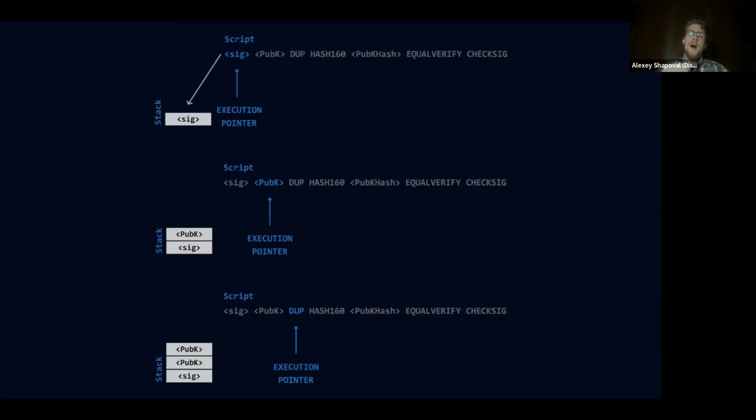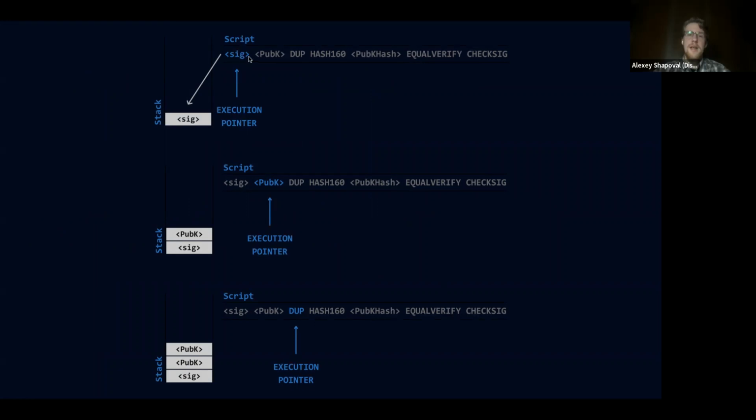Now let's walk through this whole process and see how it works in the real example. So we move step by step from left to right. First, the execution pointer, this is where the script looks at the current moment of execution. The pointer is at signature.